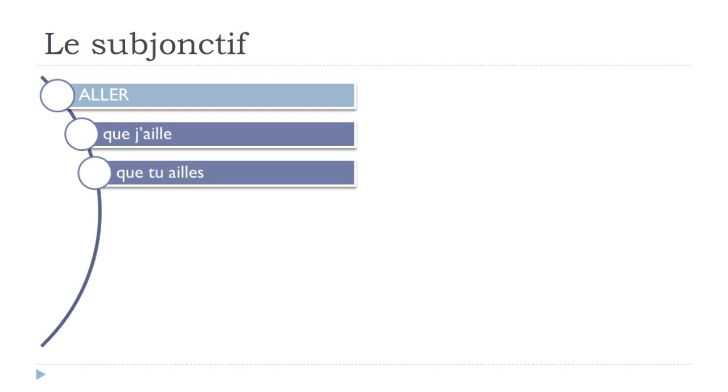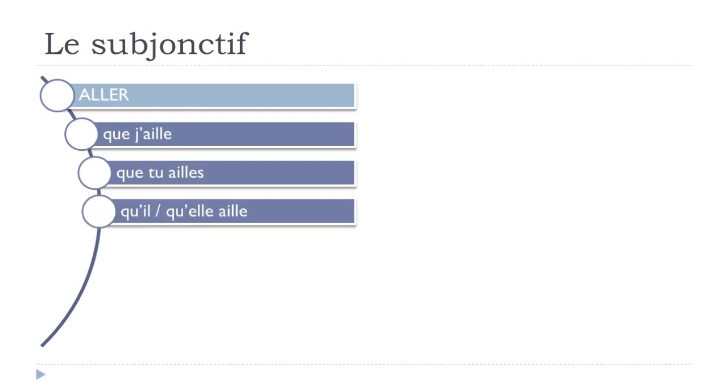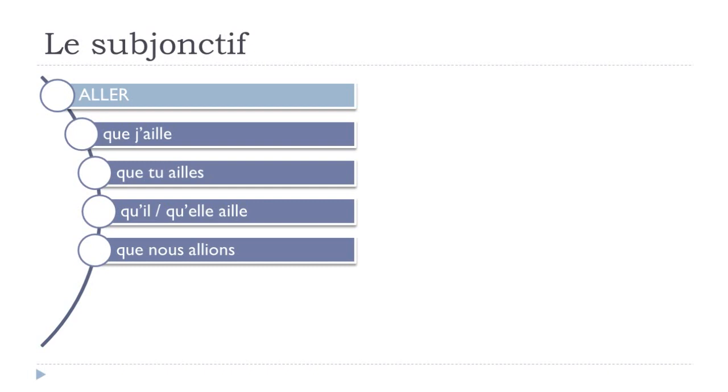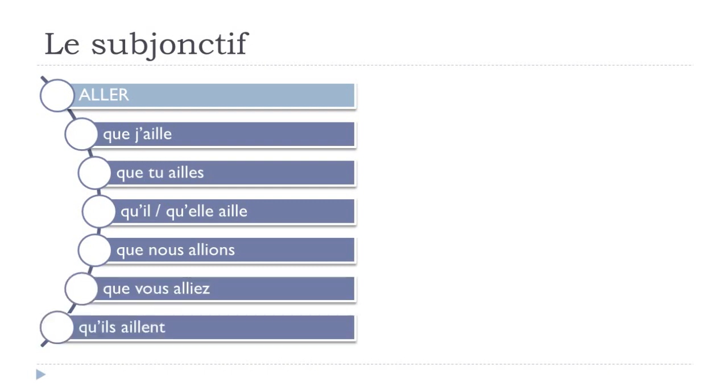Que j'aille, que tu ailles, qu'il aille, qu'elle aille, que nous allions, que vous alliez, qu'ils aillent, qu'elles aillent. Okay, sorry, I did forget the feminine form here. Listen to me: que j'aille, que tu ailles, qu'il aille, qu'elle aille, que nous allions, and that's the difference here, allions. Que vous alliez, I don't make the liaison just for you to listen carefully, alliez. If you want to make the liaison, que vous alliez. And then qu'ils aillent, and the feminine form, qu'elles aillent.